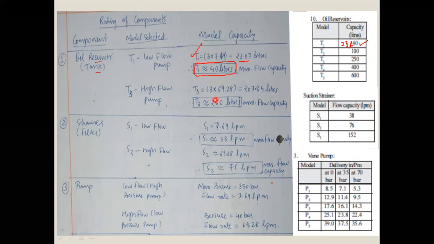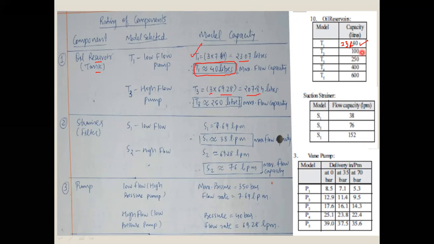Then for the high flow pump, the flow rate is 69.28. What I have to do is multiply by 3, which gives 207.84. Come here to the catalog and see where 207.84 comes.